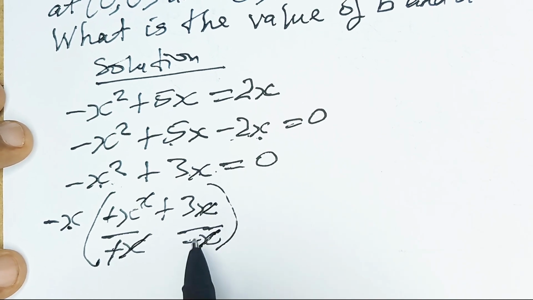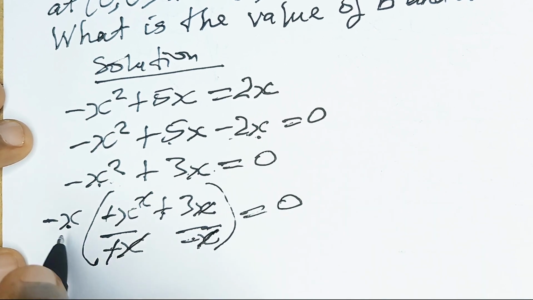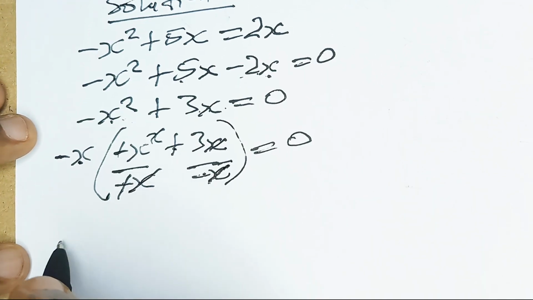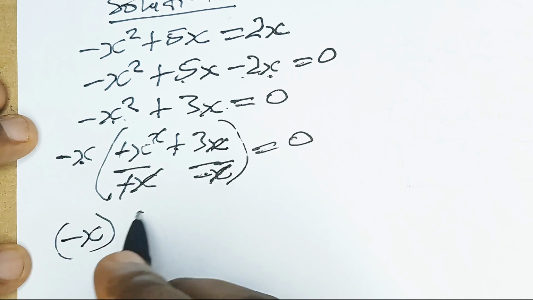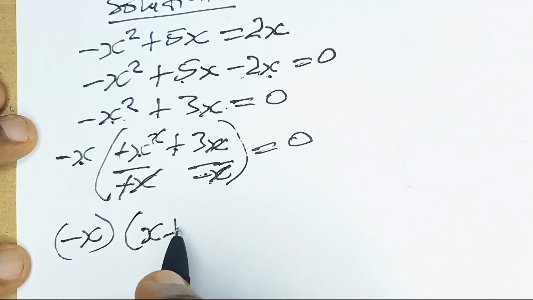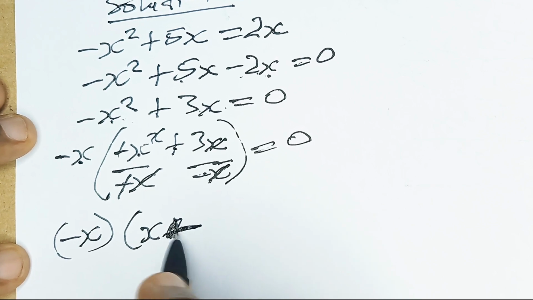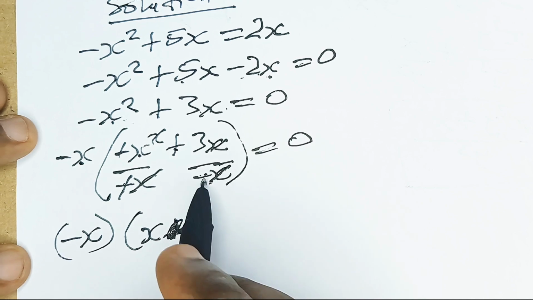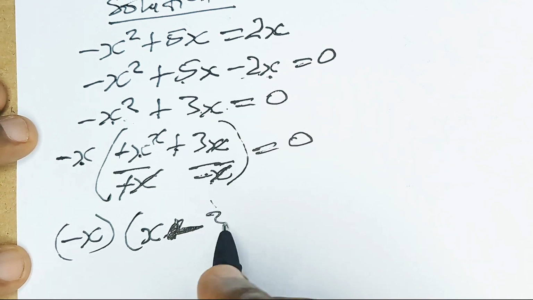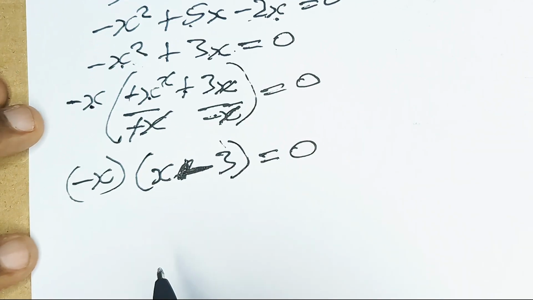So this also cancels, this minus has to swallow this. So we'll be left with minus x into, we are left with x. Instead of plus, we have minus, okay? We have x minus 3, all equals to 0. Okay?